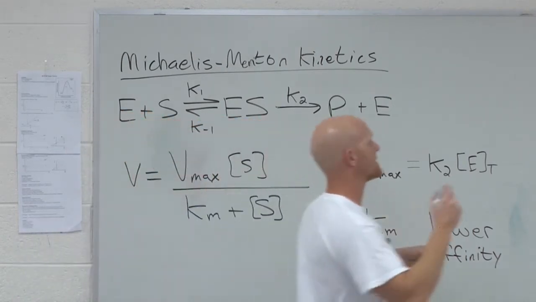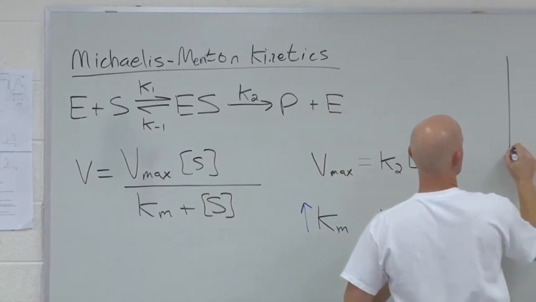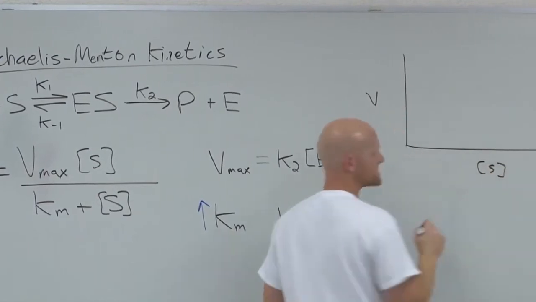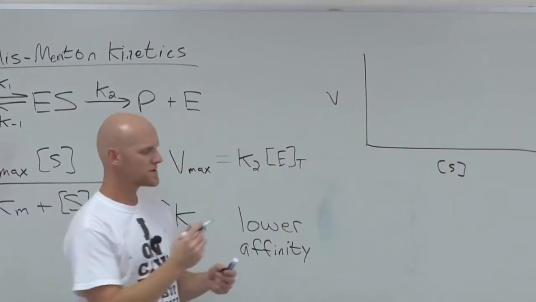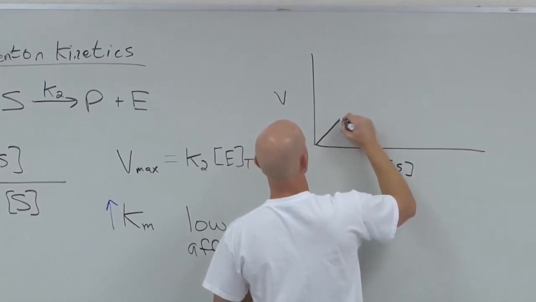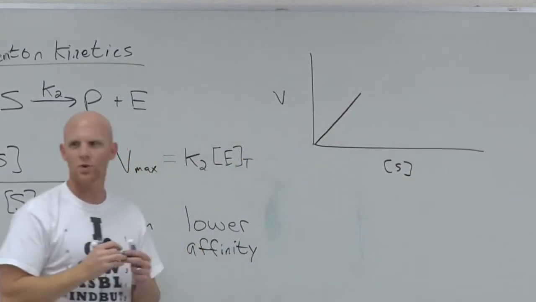So if we make a plot of velocity versus substrate concentration, what we usually see is that the graph goes up pretty linearly with substrate concentration, at least for a while.